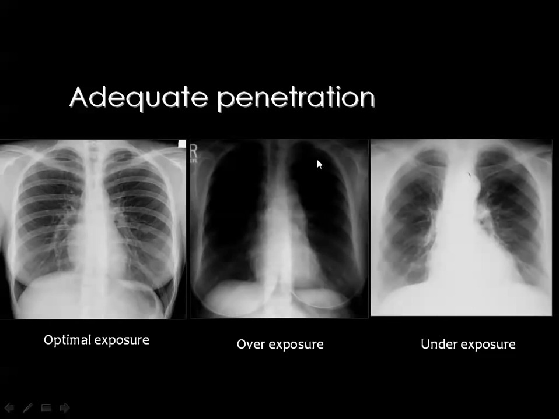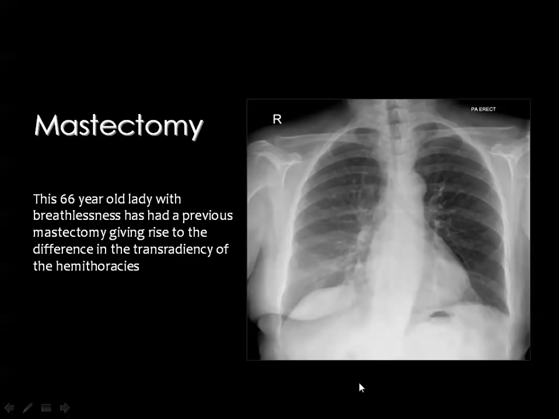Overexposure will project the lung fields very dark, and you can also see the thoracic vertebrae through the cardiac shadow. While in the underexposed film, you can see the haziness of the hilar shadows, and also the costophrenic angles are not clearly projected in this view.